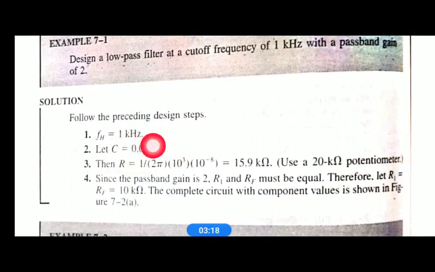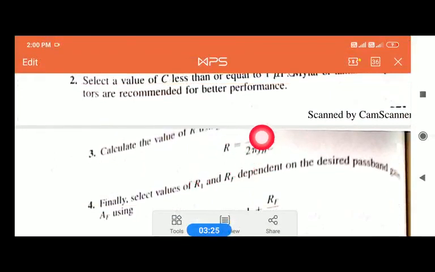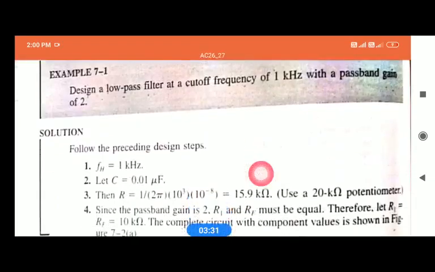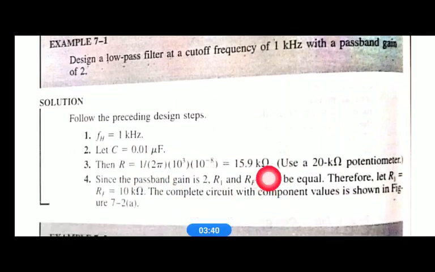Using the formula R equal to 1 by 2 pi FH C, we substitute FH as 1 kilohertz and C as 0.01 microfarad to get R as 15.9 kilo ohm.